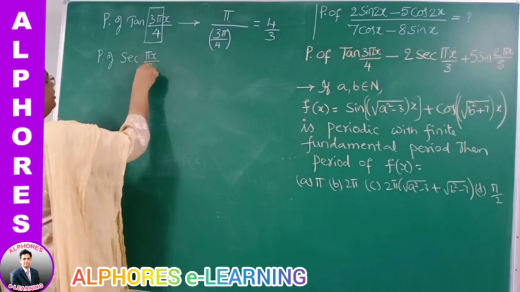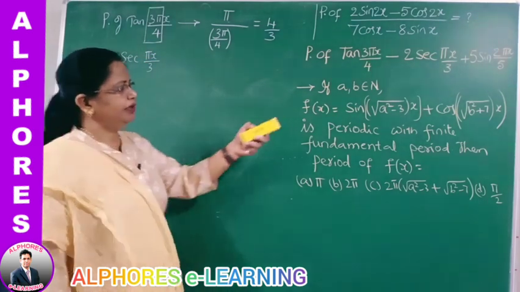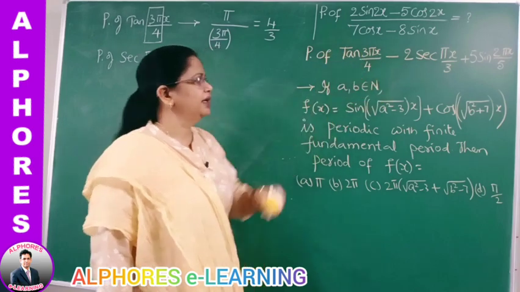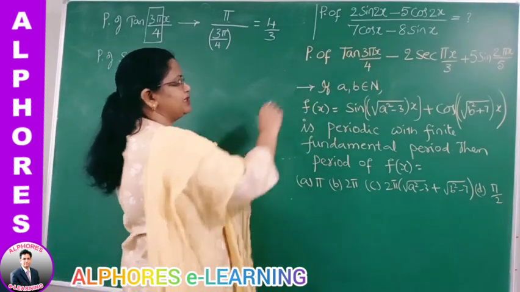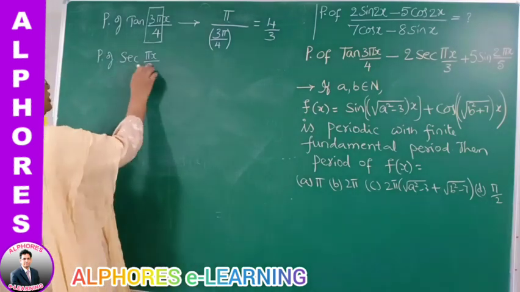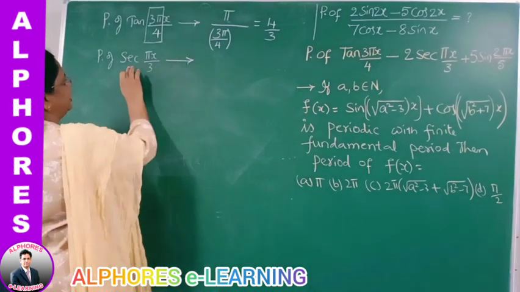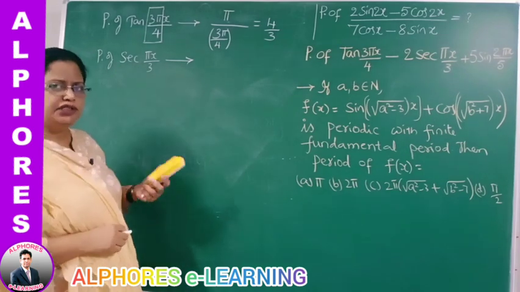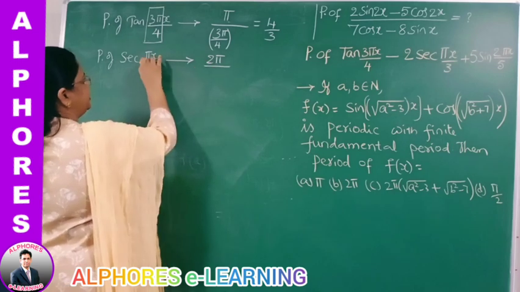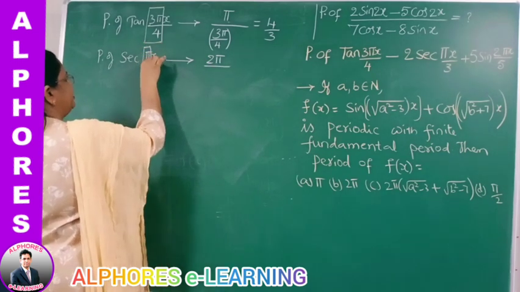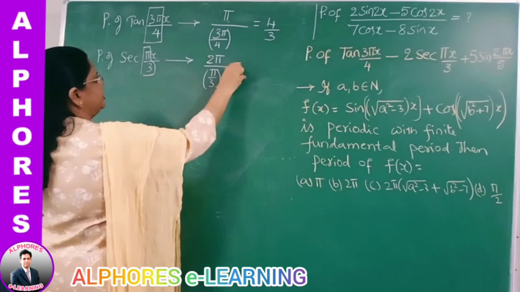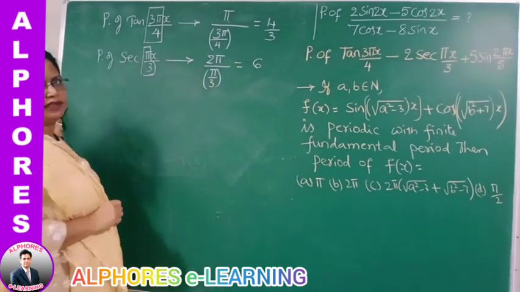Again I am telling you, don't bother about whatever constants exist before the trigonometric functions. Your concentration has to be only on the trigonometric function, that's it. Now here, secant of pi x by 3. What about the secant period? It is 2 pi. Therefore 2 pi divided by the x coefficient, pi by 3, which is equal to 6, right?